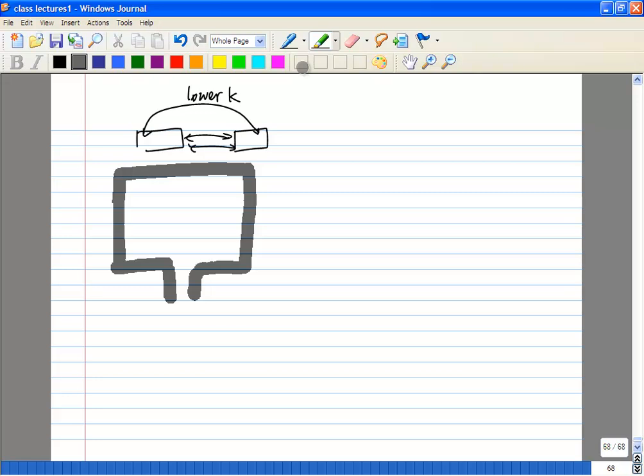So let's say this is on M6. You can go to M5, and right below that you could draw the secondary.